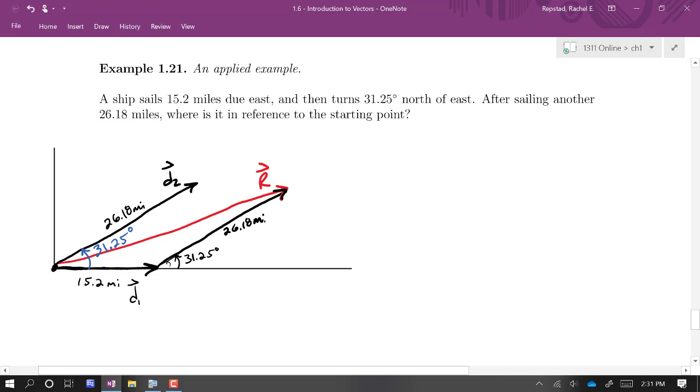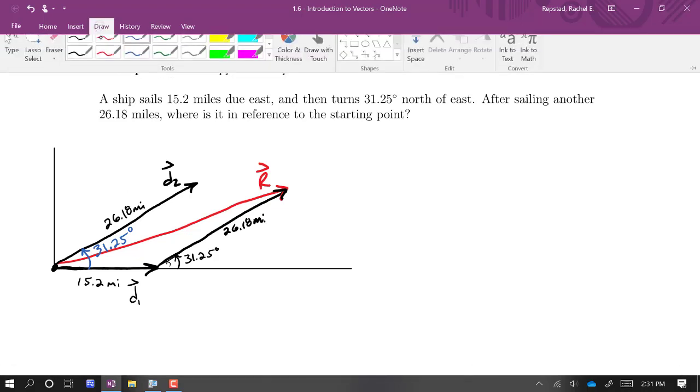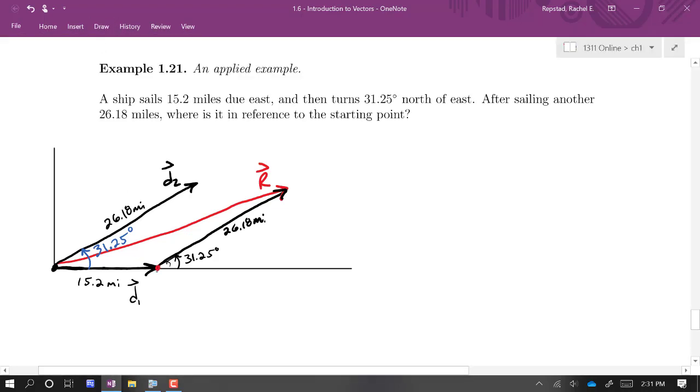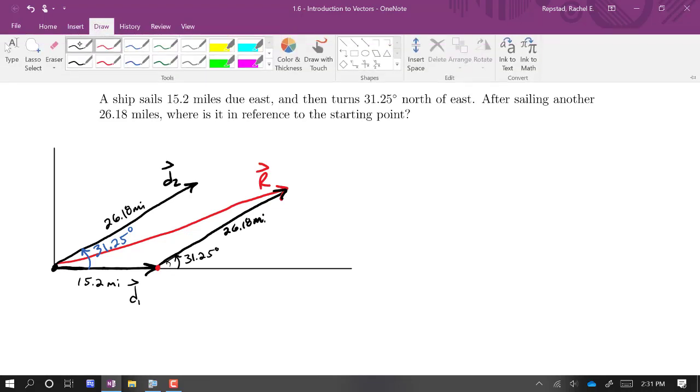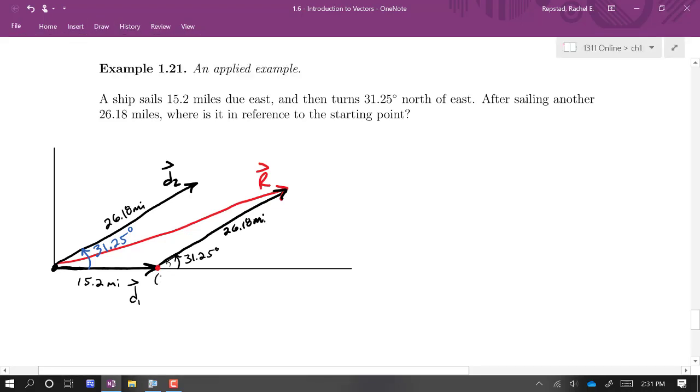So I need the components for D1 and D2. I can add the x components to get Rx and the y components to get Ry. The D1 vector is easy to find the components for, because the coordinates of the point where it ends are pretty clear. The coordinates of that point have to be 15.2 and 0, because the angle is 0.